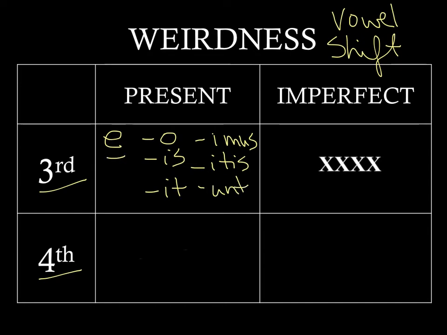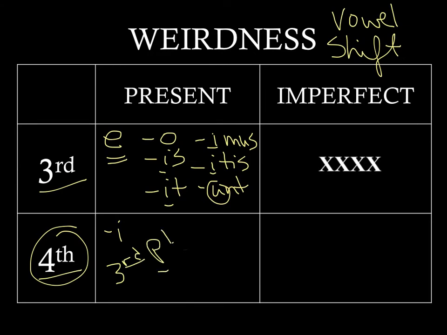So this E changes to an I in these 4 places and then a U there. In the present tense, in the fourth conjugation, the only weirdness, the I is going to show up everywhere, but in the third person plural, it's going to gain a U. It's going to become i-u-n-t.